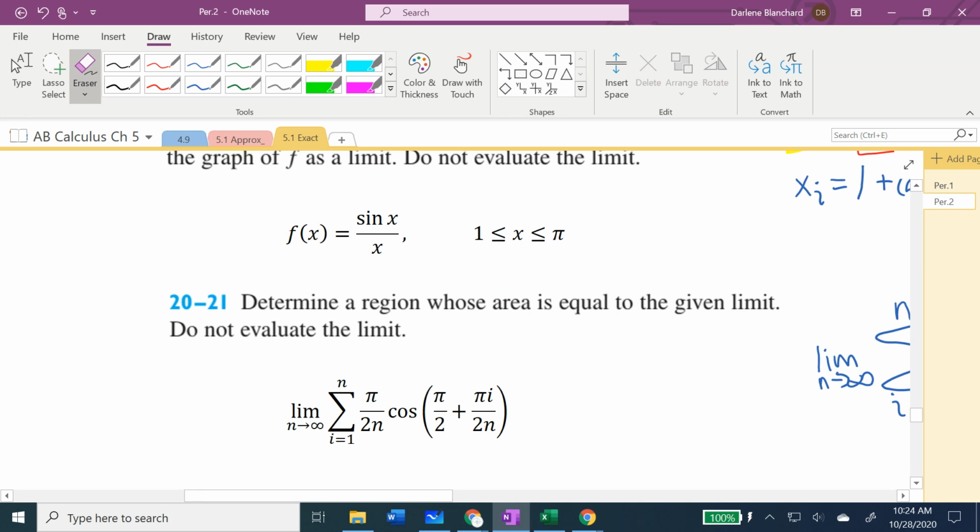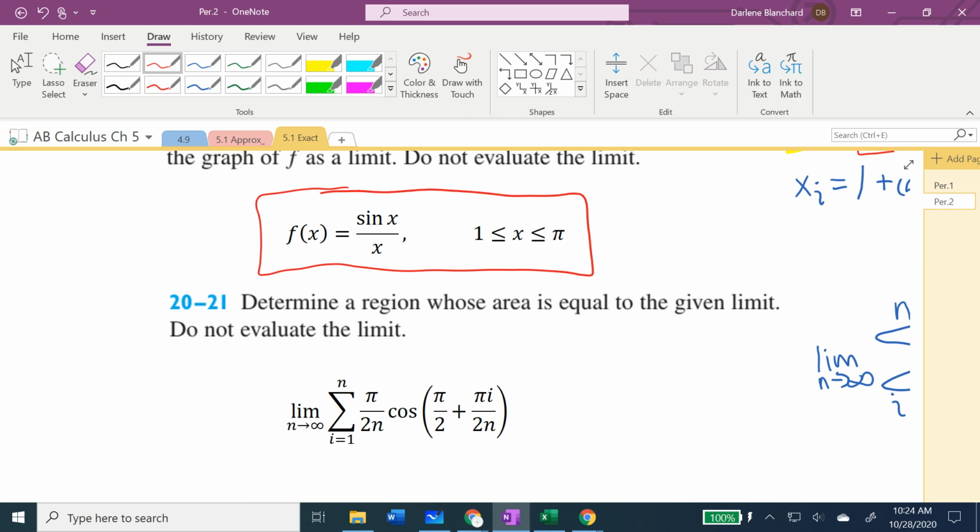So we had gone from a function over an interval to a limit sigma formula. We are now taking a limit sigma formula and figuring out what is the function and the x interval. Here we go.